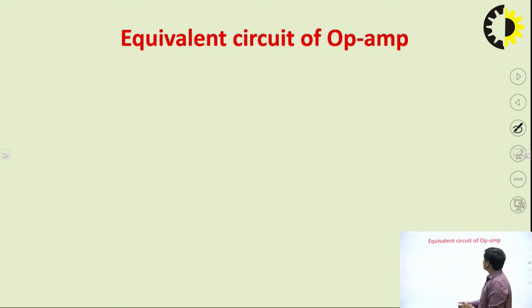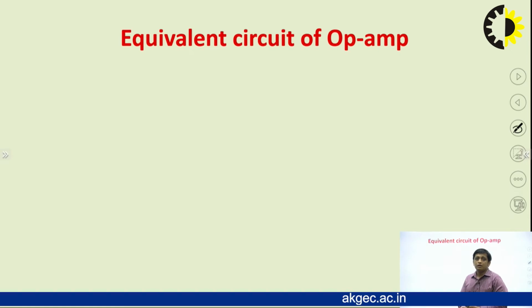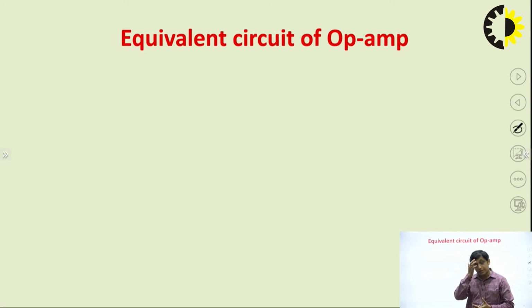Now coming to the equivalent circuit of the op-amp. To understand the equivalent circuit, firstly we need to understand that this op-amp is basically a voltage amplifier, so the input is voltage and the output is voltage. So we can easily draw this equivalent circuit.